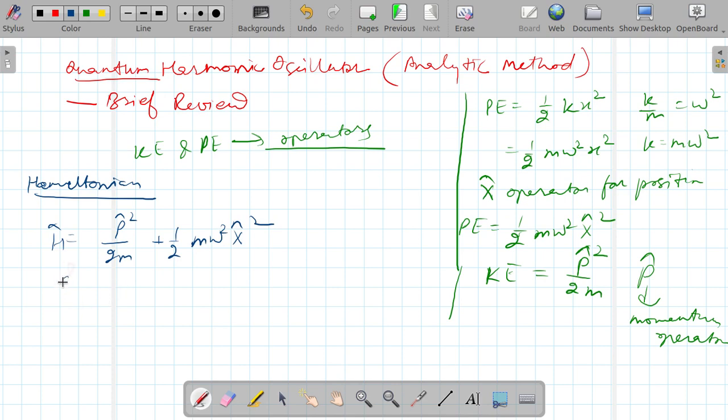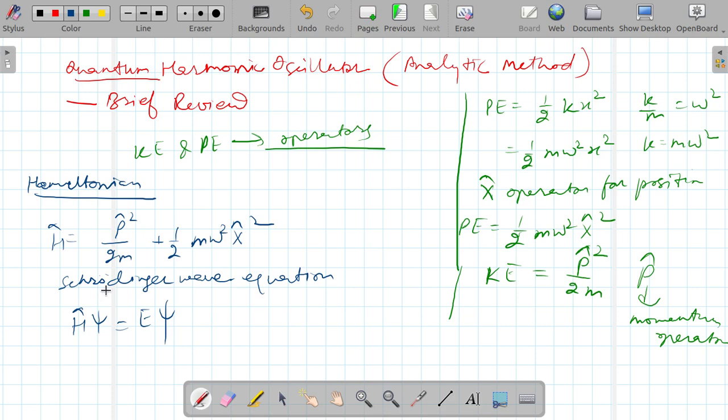And the corresponding Schrodinger wave equation can be written as H psi is equal to E psi, where E is known as the eigenvalue of the energy.